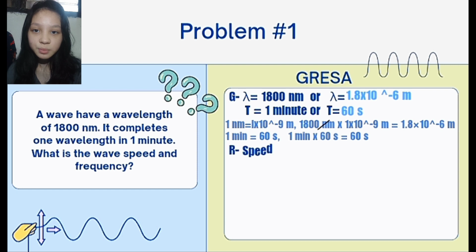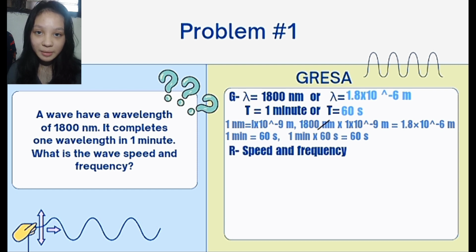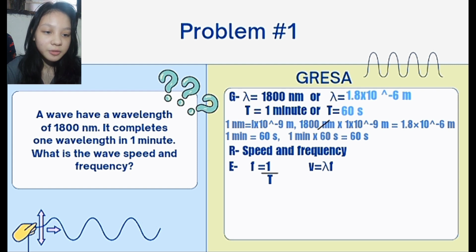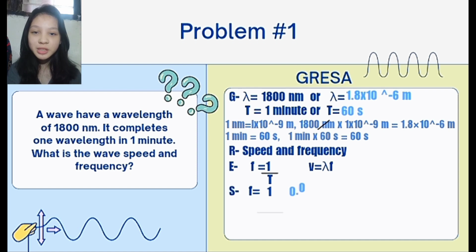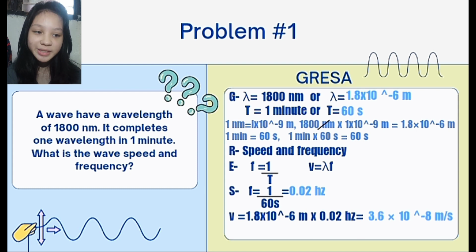The required in this problem are speed and frequency. Since we now know what we are looking for, we can go to the equation. Frequency is equal to 1 over period, and speed is equal to wavelength multiplied by frequency. For the solution, we will just rewrite the equation with the givens.